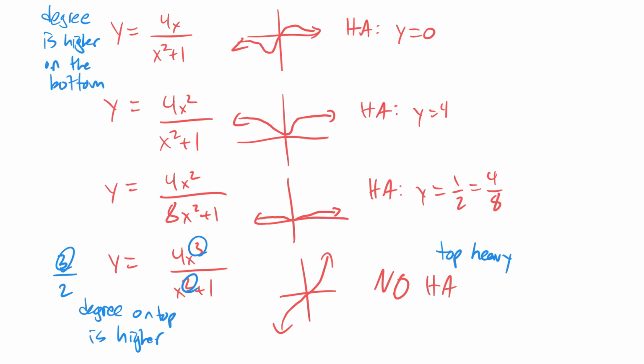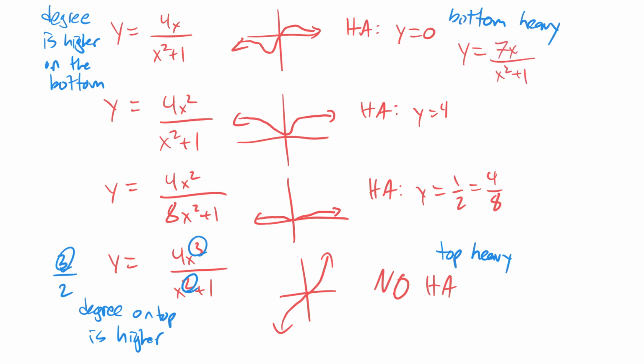So naturally, I refer to this graph as bottom heavy because the degree on the bottom is heavier than the degree on the top. And in this case, the horizontal asymptote was y equals 0. In fact, if you try this on Desmos, and I encourage you to pause the video and give it a try, take any rational graph, y equals, you could try 7x over x squared plus 1.